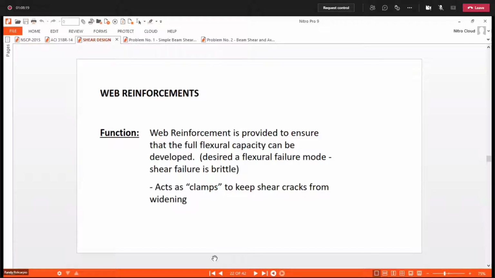Without the stirrups, and not only the top but also your longitudinal reinforcement, to position them properly, you simply fix them on the web reinforcement. So that's another function of the web reinforcement. They serve as a guide for our longitudinal reinforcement so you can position them properly.